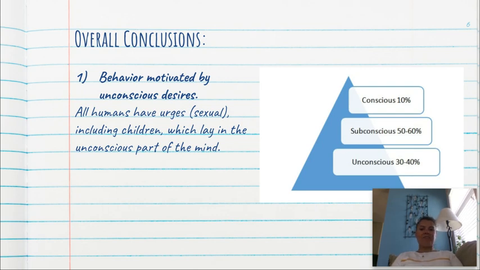Even children have these desires, which lay in the unconscious mind, and they tend to try and come out. And a lot of times these desires come out in either acceptable ways that society thinks is okay to do, or they come out in unacceptable ways, and that gets people in trouble. So this was Freud's major postulation, based off of studying a not typical population of people.